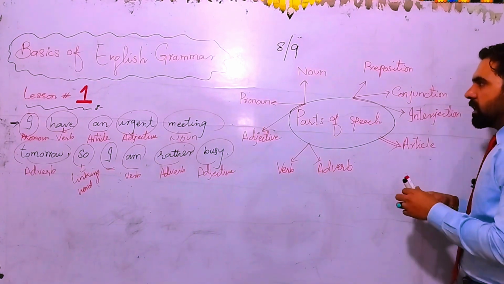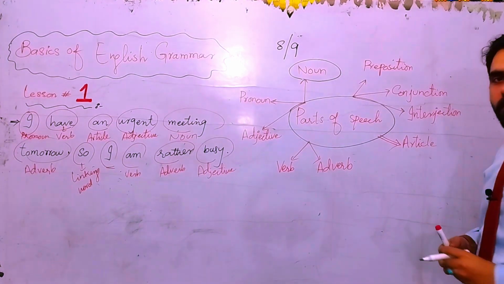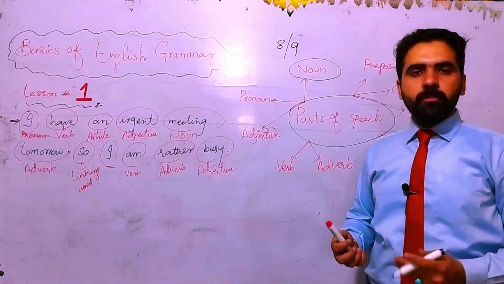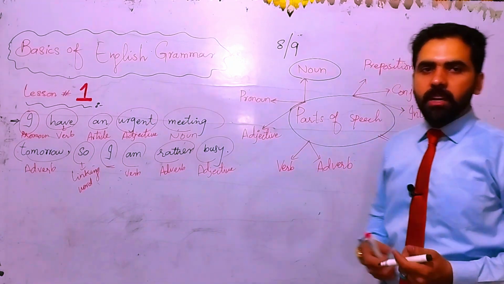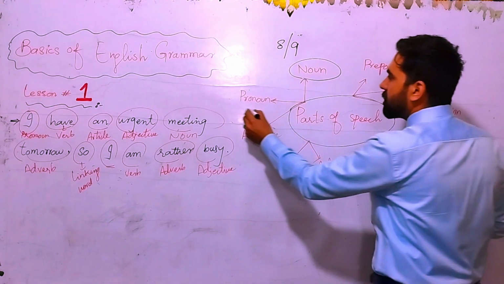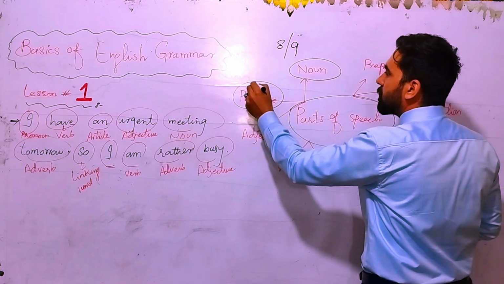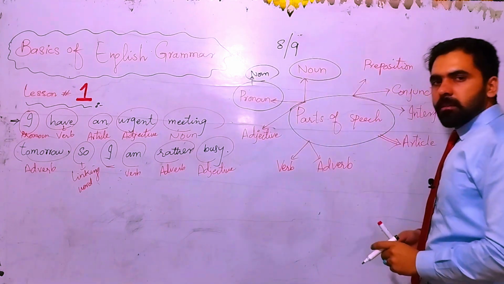The first one is a noun. Noun is a naming word, a word that is used for the name of a person, place, thing, or an idea. This is called a noun. The second is pronoun, something that is used in place of a noun.